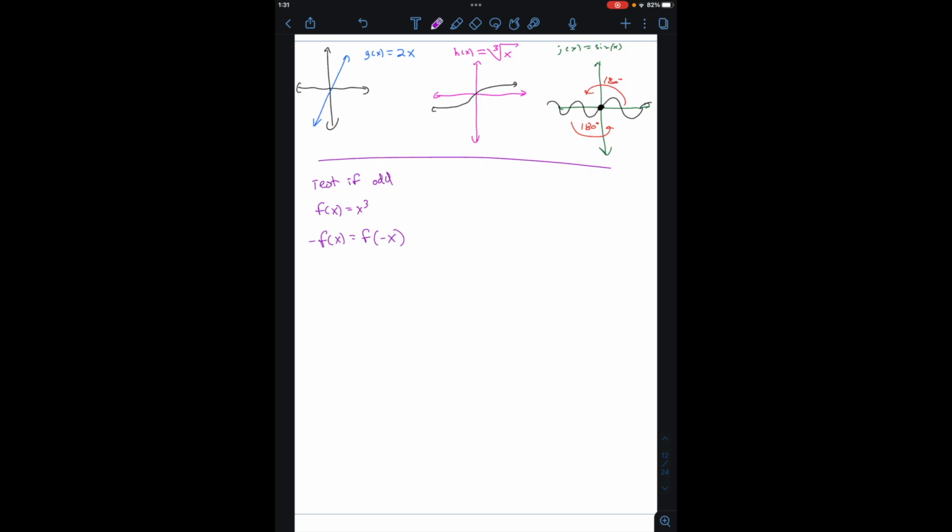So negative f of x, if f of x is x cubed, that would just be negative x cubed. And does that equal f of negative x? So that would be negative x cubed. Well, negative x cubed is just negative, and then whatever x cubed is. Negative times negative times negative is just negative, whatever x is. So we do have an odd function, okay? It is odd.